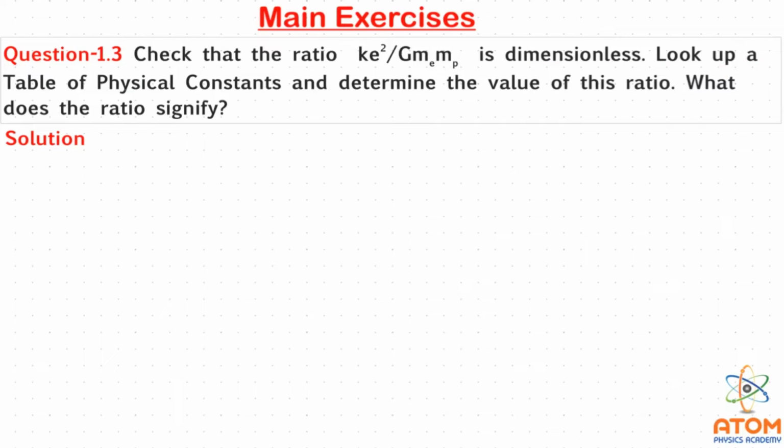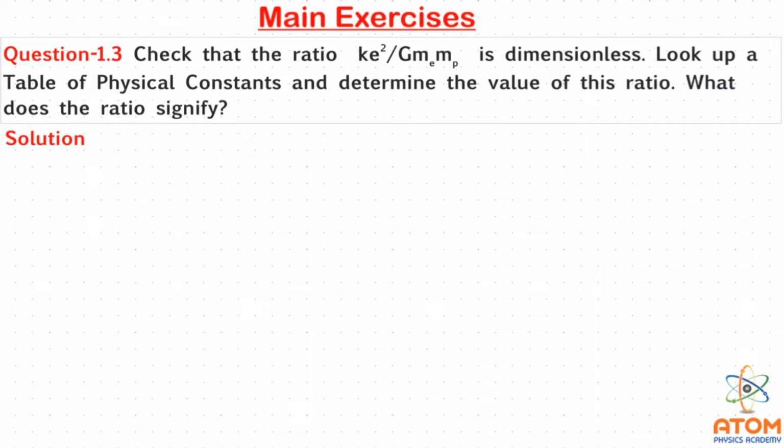Look up a table of physical constants and determine the value of this ratio. We need to find out the value of this ratio because all of these constants have some value. What does the ratio signify? We have to also explain what this ratio signifies.